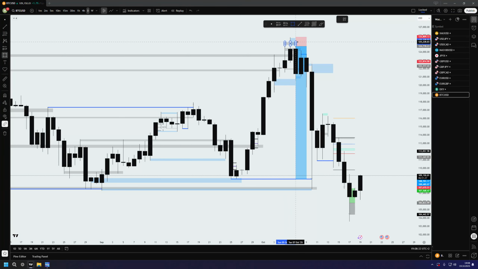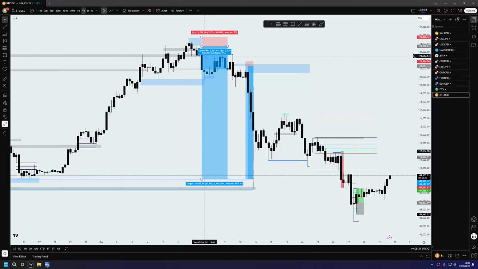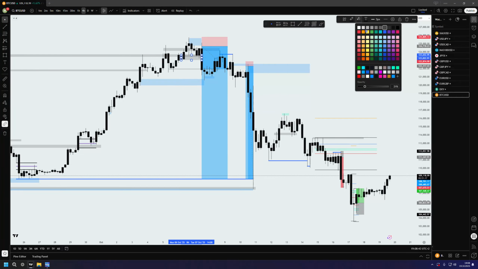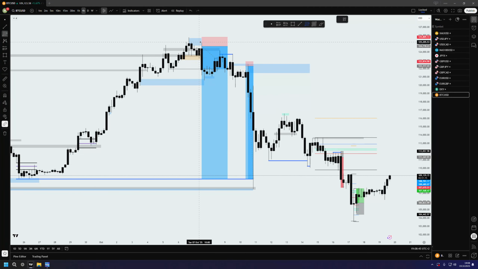Price starts rejecting from this higher time frame zone. On 4 hour, we break this EG, and I'm immediately like, okay, this should be a good short. Then we have this EG, this zone, which is a QML, two-way trap or whatever you want to call it. I usually call it the two-way trap because this is how I was taught.